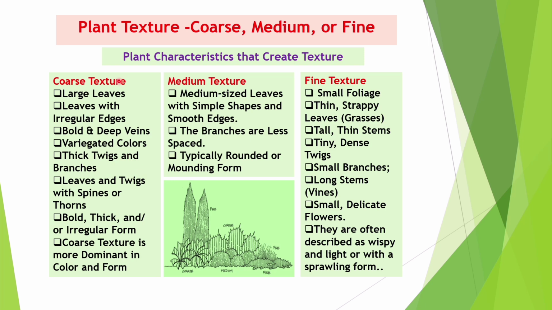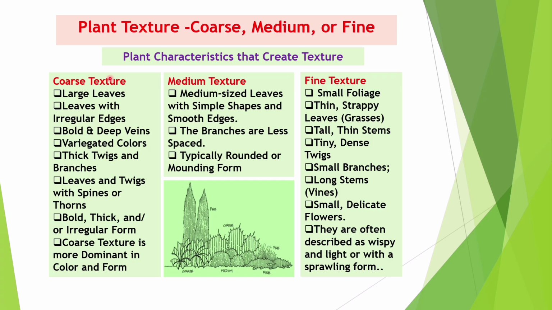Broadly speaking, plant textures are of three types: a coarse texture, a medium texture, or a fine texture. So, plant characteristics that create texture. Every plant has different characteristics by which we can say, is it a coarse texture, is it a medium texture, or a fine texture.